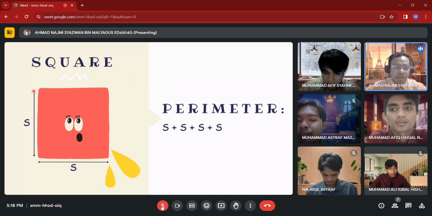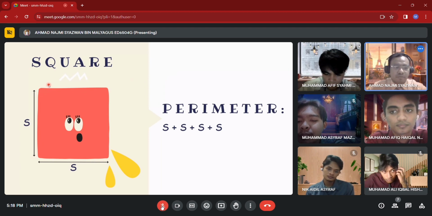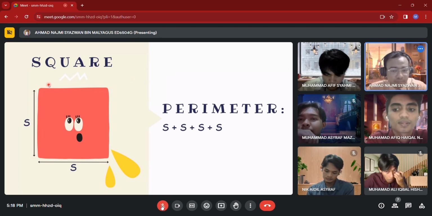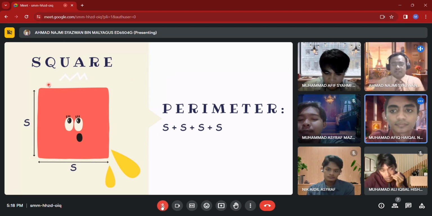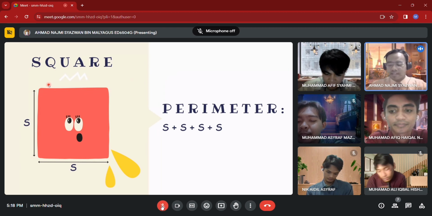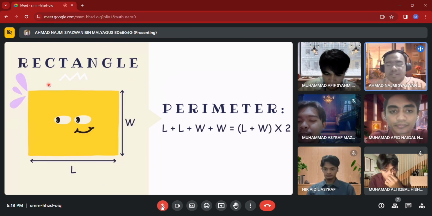Since we know a square has equal sides, we will have s plus s plus s plus s, or we can say 4 times s, since the length of the side will be equal on all sides, since it is a square, right? Okay, so the first shape, can you guys understand me? Yes, sir. Okay, good. Can you guys follow? Yes, sir. Okay, let's get into another shape, which is rectangle.